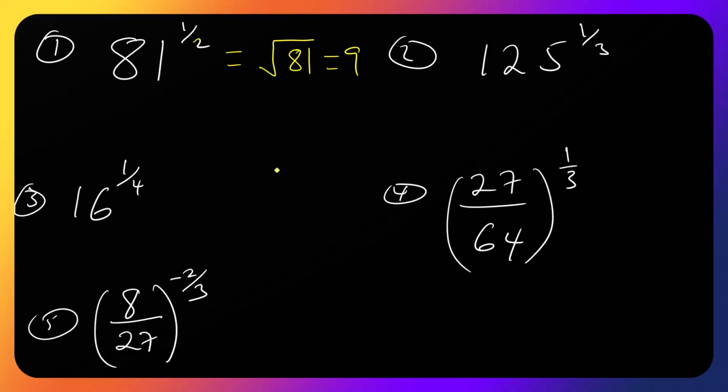As simple as that. Now if we don't want to go by the fractional index approach, let's look at this method as well. We have 81 exponent half.